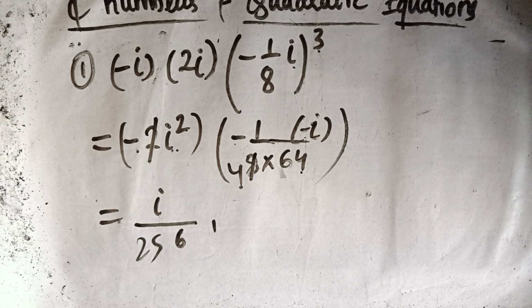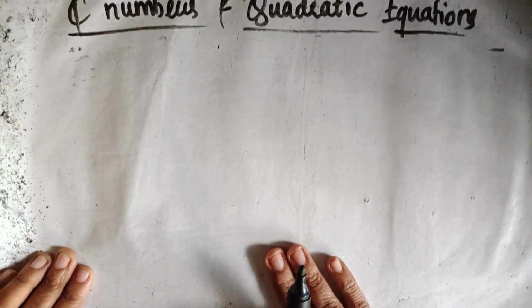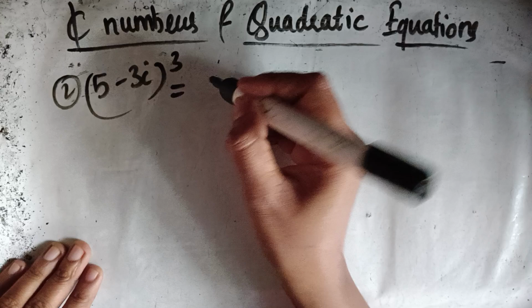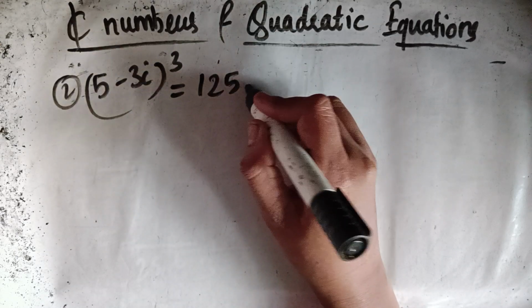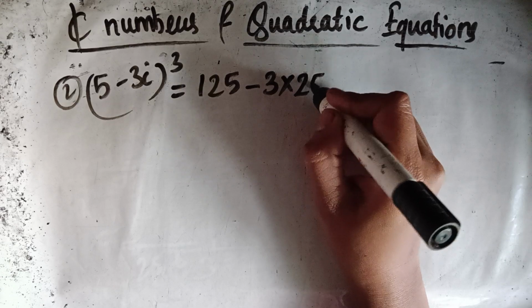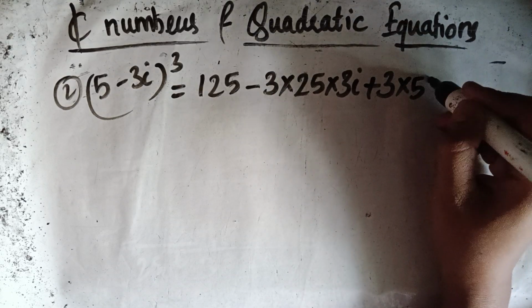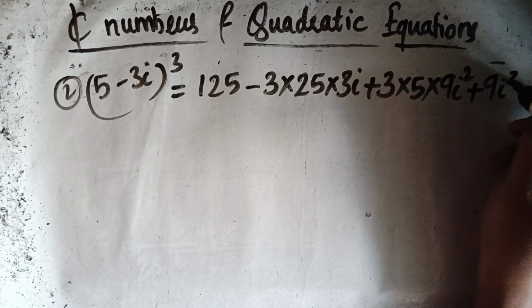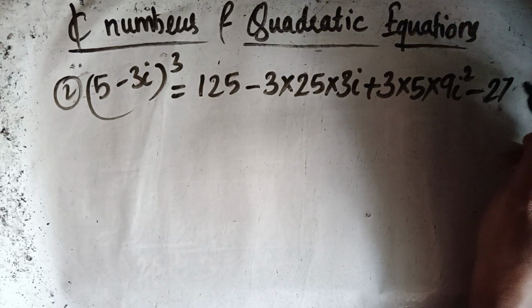Okay, then 5 minus 3i the whole cube. For this you have to use the formula a minus b the whole cube. a cube, 5 cube is 125, minus 3 into 5 square into 3i, plus 3 into 5 into 3i square, 9i square, plus 9i... 3 cube 27, this is minus i cube.